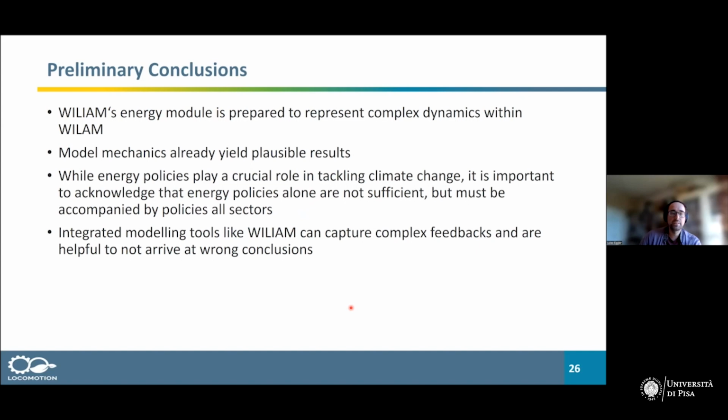One key conclusion is certainly that while the energy policies do play a really crucial role in tackling climate change, it's not sufficient to look only at the energy sector with regard to policies. As I just showed you, they must be complemented by policies in other sectors like land use and especially economy. And integrated tools such as WILIAM are a very good way to capture these complex dynamics.